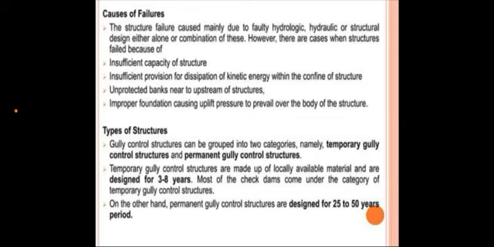Types of structures. Gully control structures can be grouped into two categories, namely temporary and permanent gully control structures. Temporary gully control structures are made of locally available material and designed for 3 to 8 years.